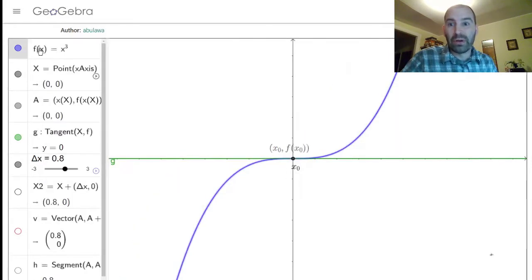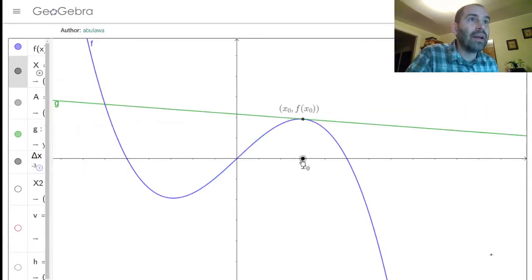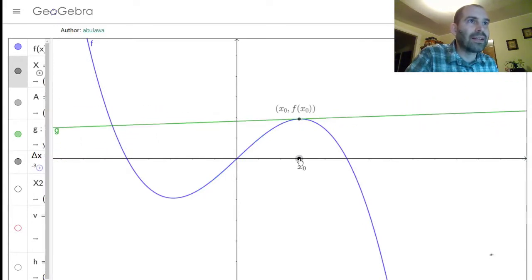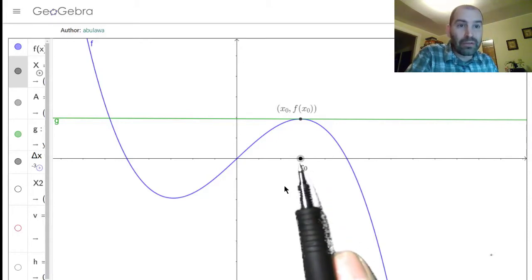If we go back to the other function I had here, I think it was something like x minus x cubed. Yep, that was it. If I find these points where the first derivative is 0, I could find this point by checking where the first derivative is 0, just solving a simple equation.